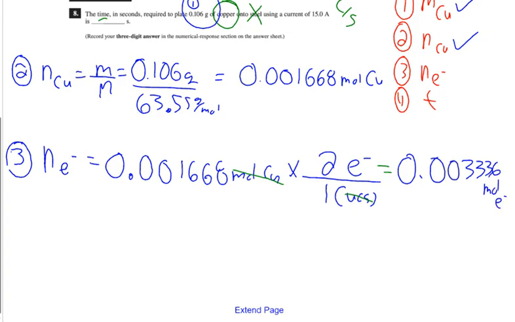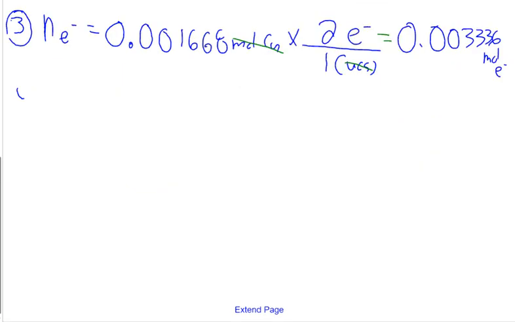One last step. So current times time divided by Faraday's constant is the moles of electrons. We've got to rearrange this for time.